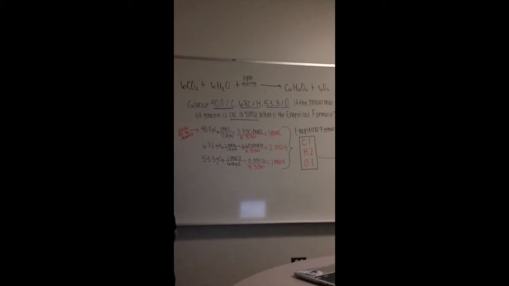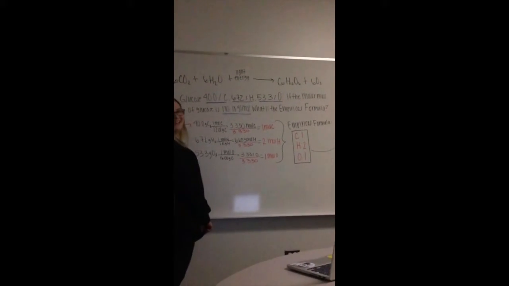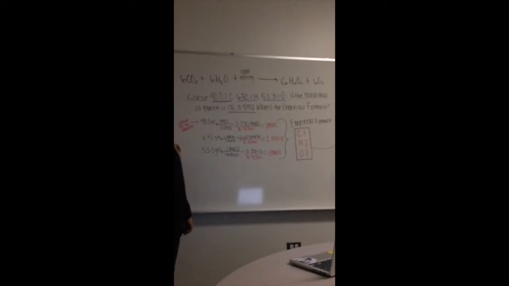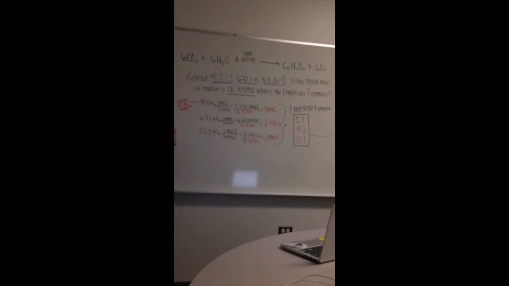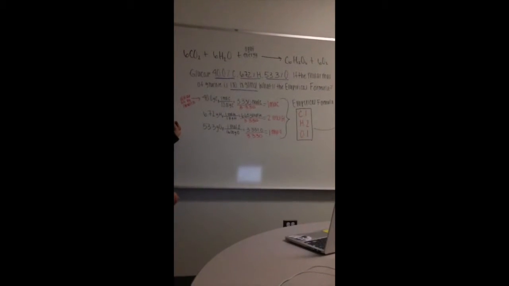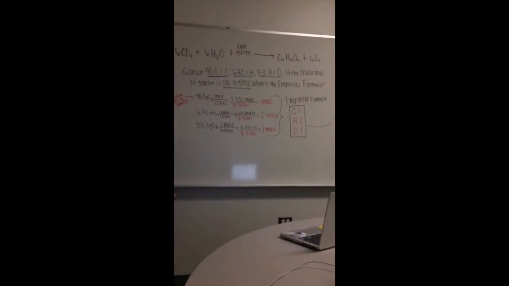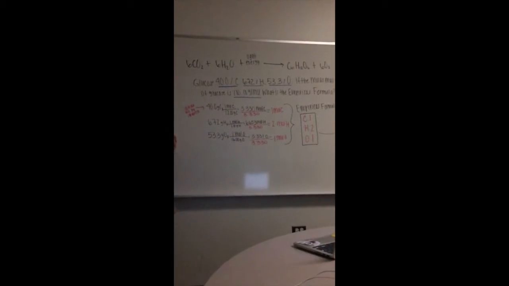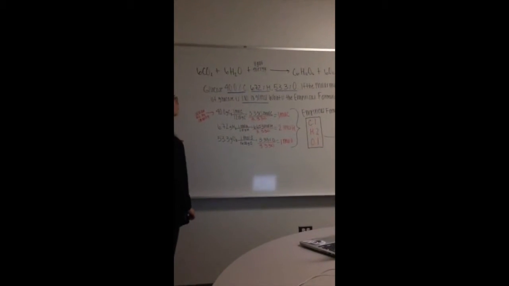If the molar mass of glucose is 180.18 grams per mole, what is the empirical and molecular formula? In this example, we need to find the molecular formula of glucose. But in order to find that, we must first find the empirical formula.